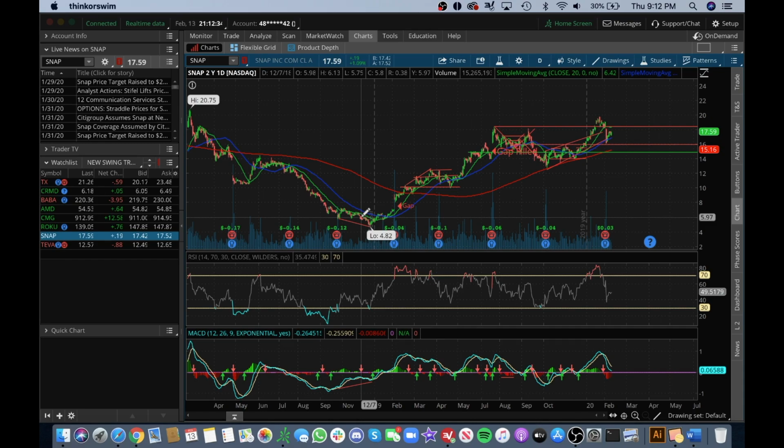Day trading is different, but these are the indicators that I use for swing trading. Guys, I hope you enjoyed that video. I tried to break down exactly what I do when looking at these indicators: the RSI, the MACD, the simple moving averages, and just the 1-year, 1-day chart to swing trade.